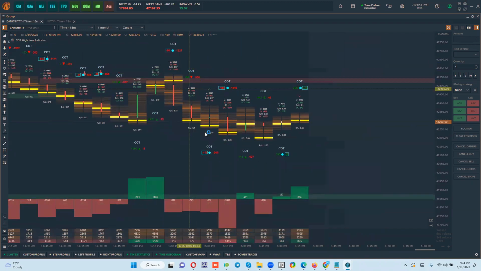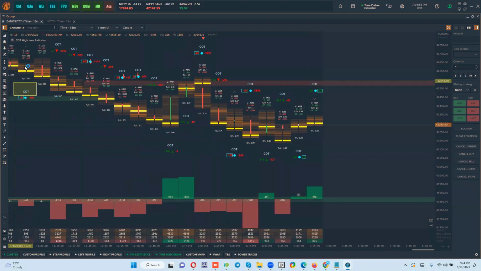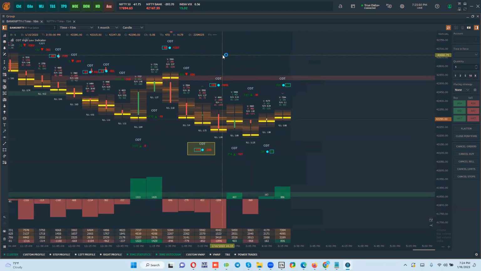If you see again some kind of a divergence, again we see a small positive candle, whereas this is again trapped sellers, right? This is the same scenario we are witnessing out here, where we have trapped sellers. We see again a selling here.